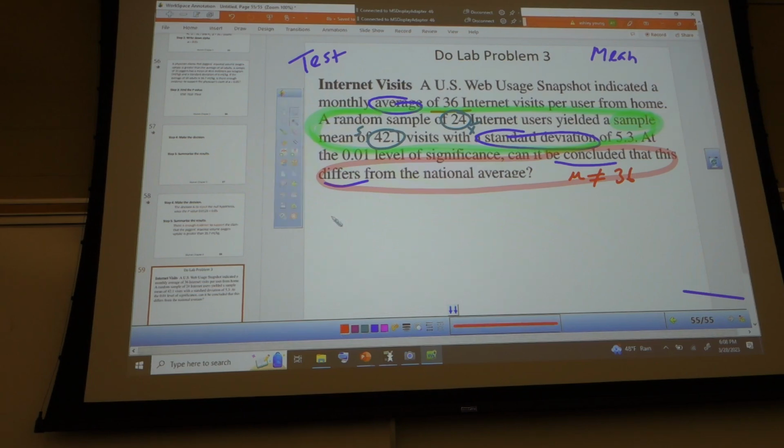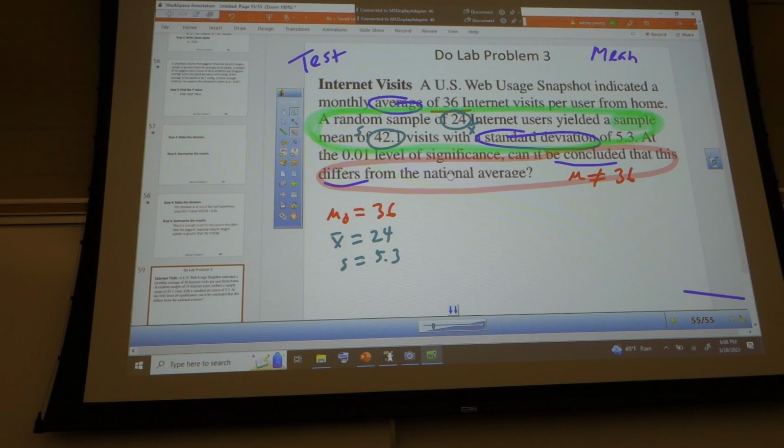My mu naught is 36. It's from my claim. My X bar is 24, and my S is 5.3.